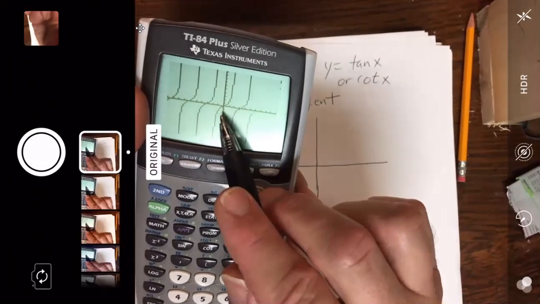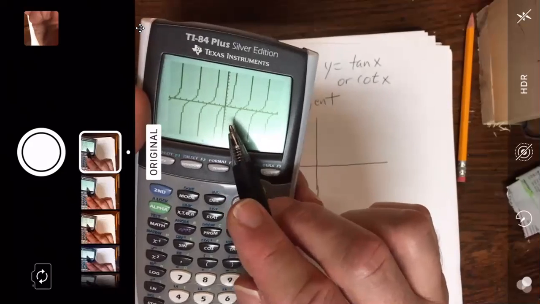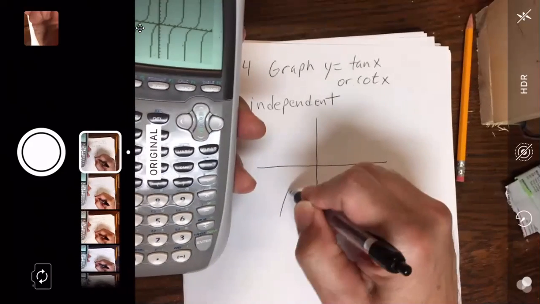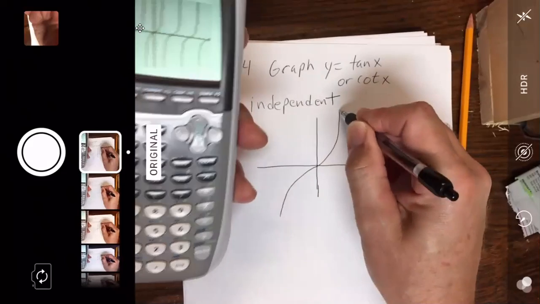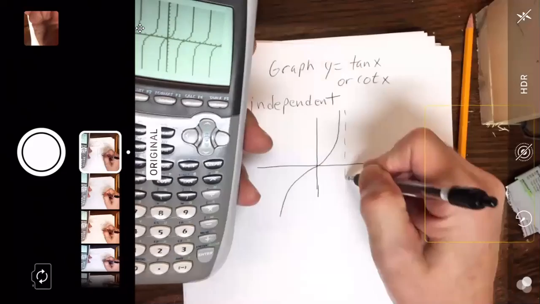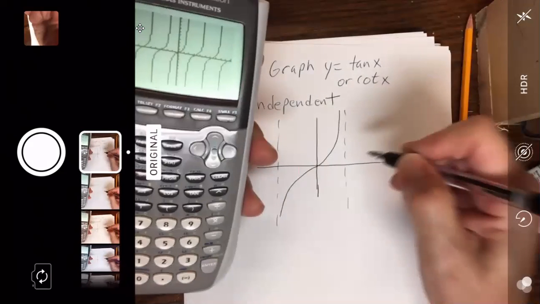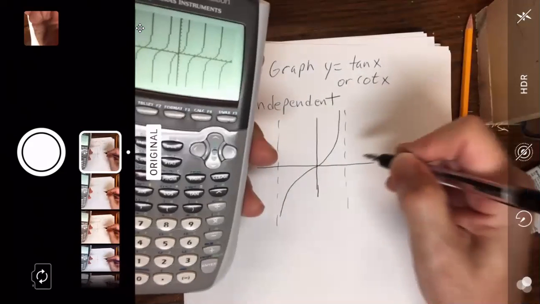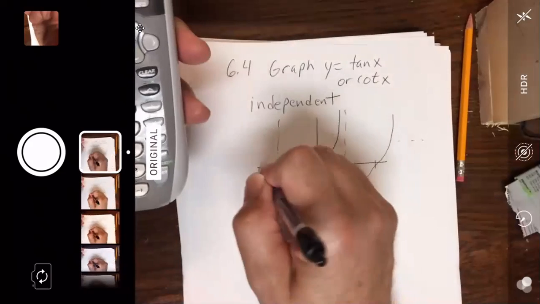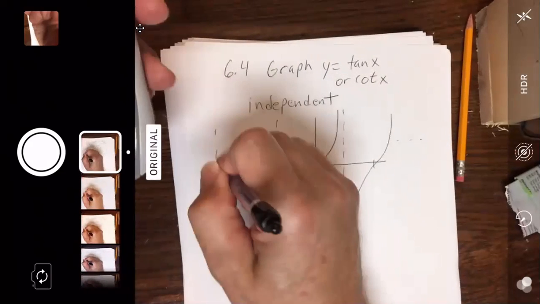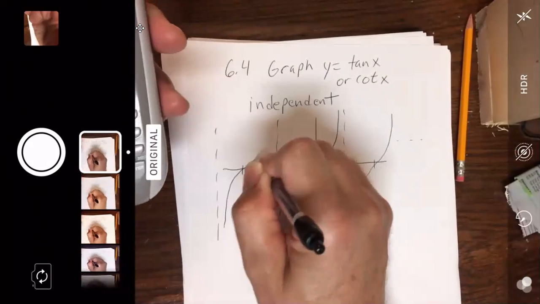Notice the center one goes right through the origin. That's the usual one we concentrate on. You get an S curve that goes right through here, and there are vertical asymptotes. And you get another one, they go forever. And there's one over here, another vertical asymptote, and you get one going through.